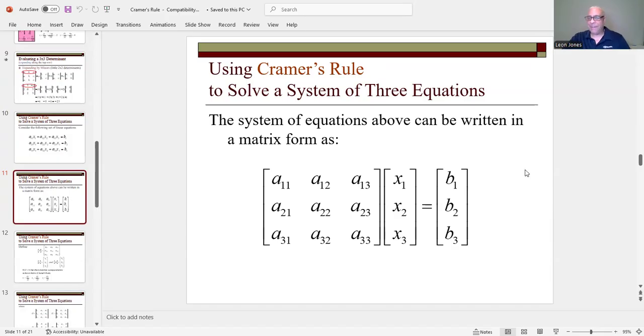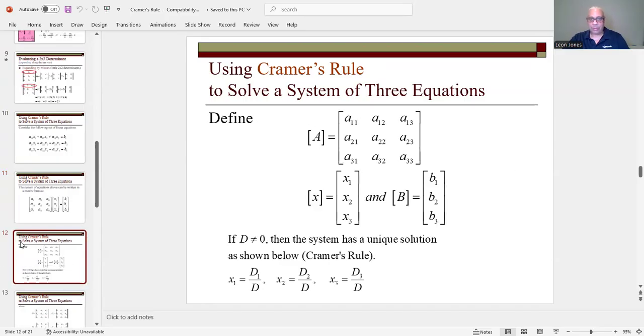I call it your non-vector matrix. Here's the formula right here. If D, however, is not equal to 0, then the system has a unique solution, shown below.